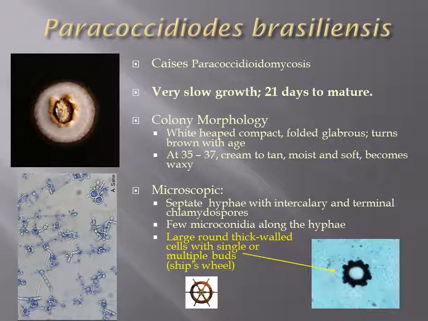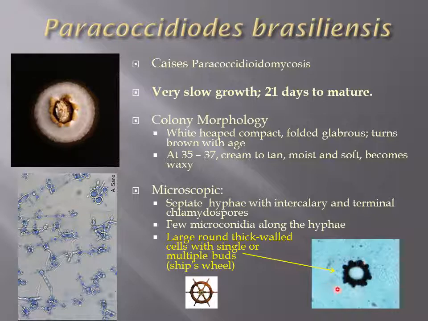Paracoccidioides brasiliensis causes paracoccidiomycosis. I'll let you take a look at the microscopic morphology and the descriptions. The one thing I want to bring to your attention specifically to associate with this organism, the little tag term, ship's wheel. If you think about what the steering wheel on a ship looks like, and you look at this, it's faintly reminiscent.